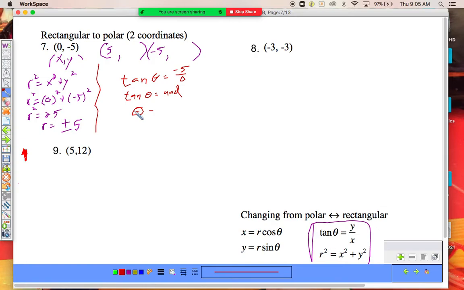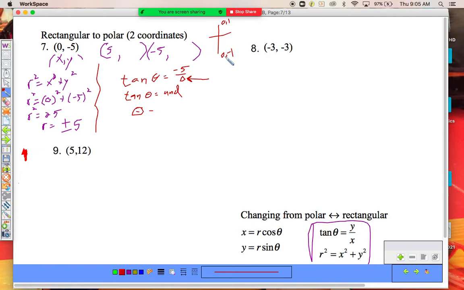On your unit circle, where's your x value 0? At the top? Yeah, because this ordered pair at the top is 0, 1, and 0, -1 at the bottom. So my tangent function is undefined at the top and the bottom.